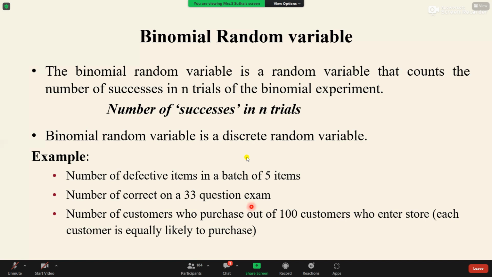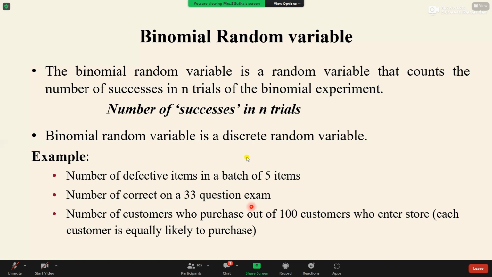When we mark the exam, we classify each answer as correct or wrong. So there are 2 outcomes for each and every question: correct or not correct.